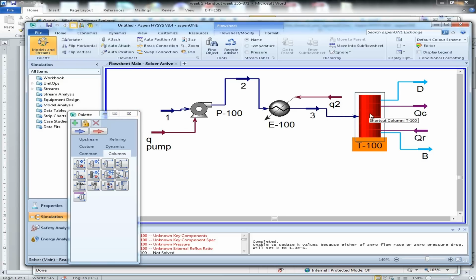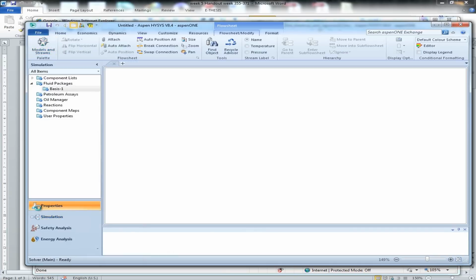Now we have to understand which chemical will go to the top and which chemical will go to the bottom. So let's check the boiling point of each one.